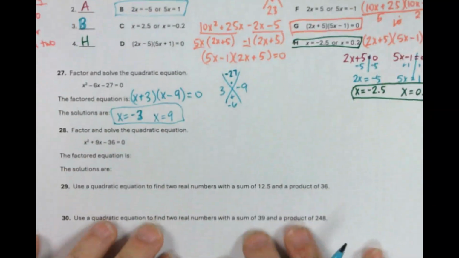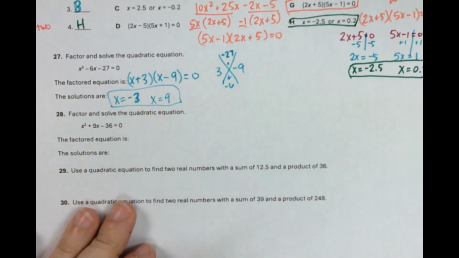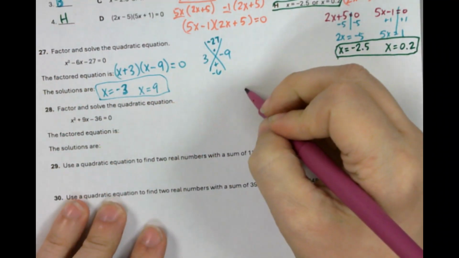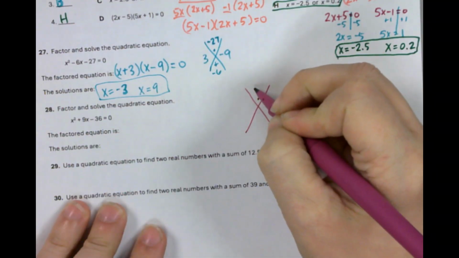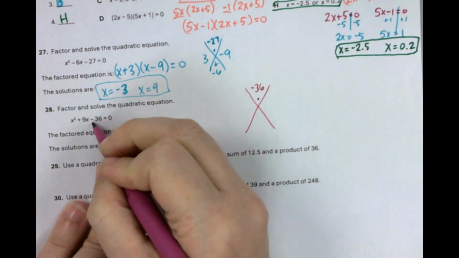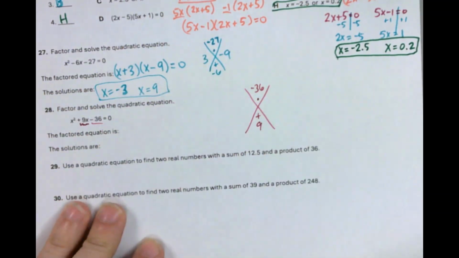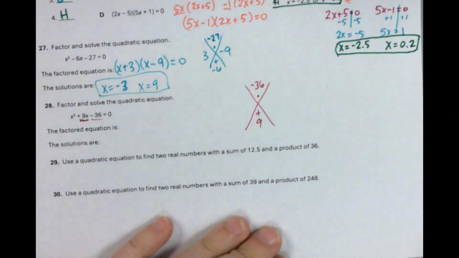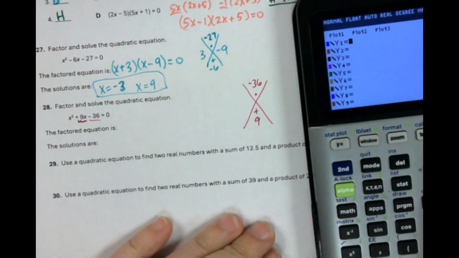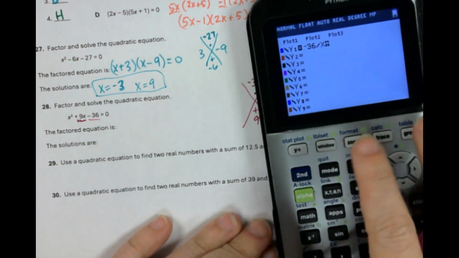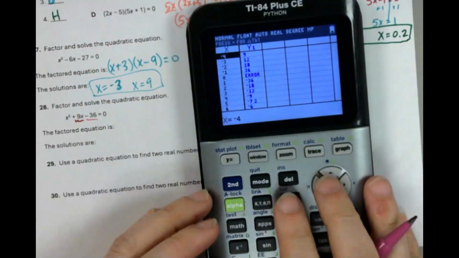Number 28, we're going to factor and solve again. I'm going to do it in a different color, just so that we can tell these two problems apart. Multiplying to negative 36, adding to 9. If you don't know, negative 36 divided by x, and then we can look at the table. We want to add up to 9.